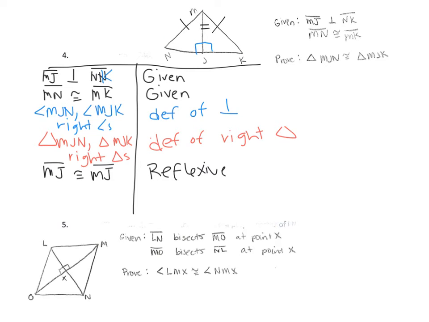So that is enough to write that triangle MJN is congruent to triangle MJK by HL. Now, you can only use HL if you have in your proof that the hypotenuses are congruent, which I do, that it is a right triangle, which I do, and then the legs are congruent. One set of legs.